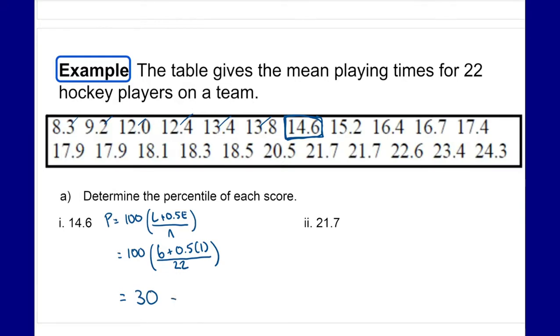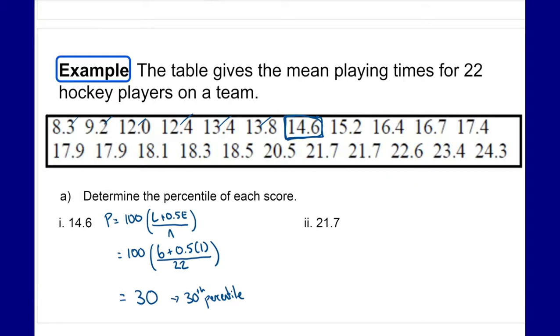So this means the 30th percentile, or 30% of the times are less than 14.6. You could also look the other way by saying that 70% of the times are greater than this time.